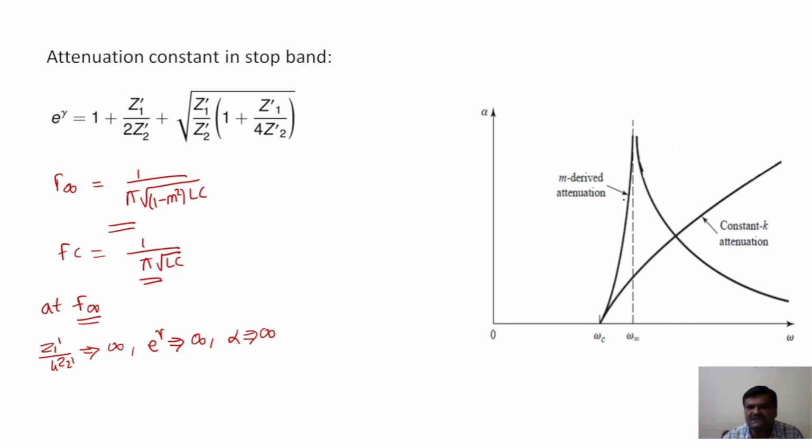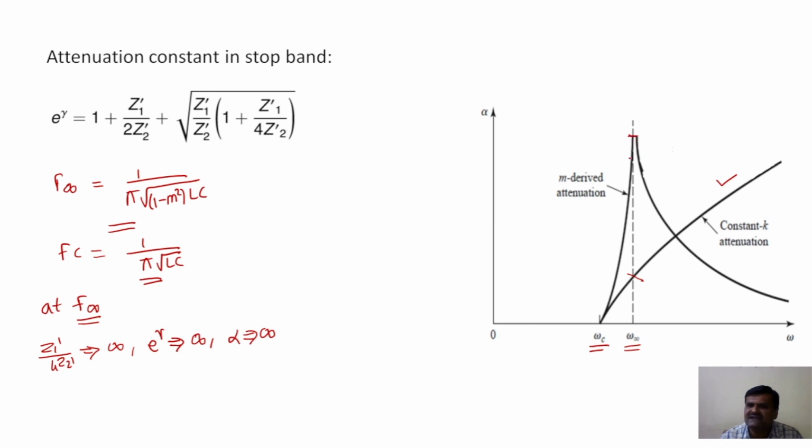So it is shown in the figure. This is the constant K attenuation. Here is the cutoff frequency. It is a stop band. Then this is omega infinity. At this point the attenuation is very low for the constant K, but at omega infinity the attenuation is very high.